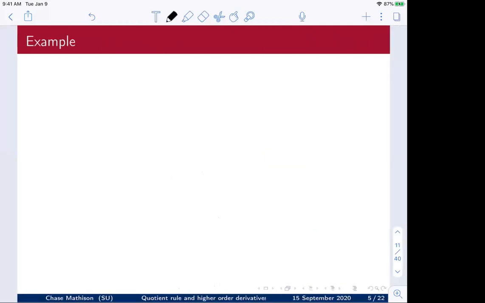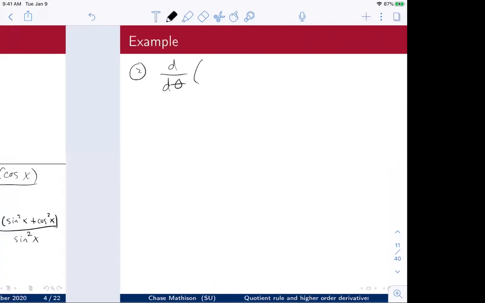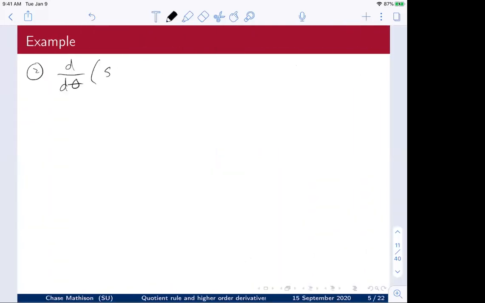Okay. All right, so let's look at finding the derivative 2. We're looking at the derivative with respect to theta of something, and that something is secant of theta. All right.